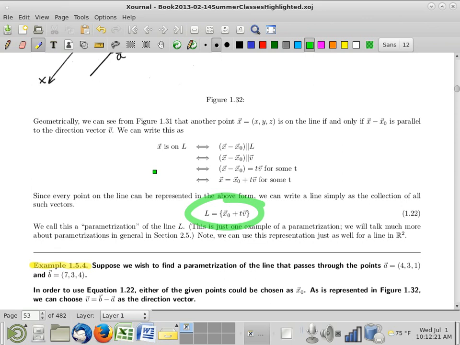Now, what we have here, though, is better in a different way. I have here a little factory that will create points on the line. I can pull out of thin air any value of t, throw it in here, and bam, there's a point on the line. This is a little point generator, and it generates nothing but points on the line. That's nice, and equations don't do that.